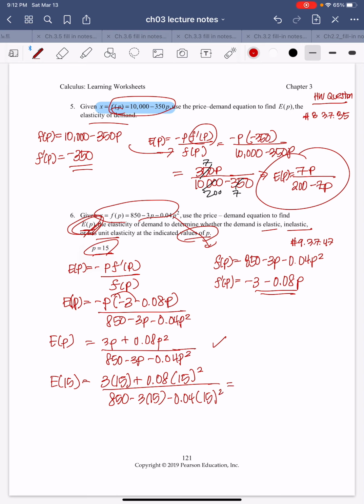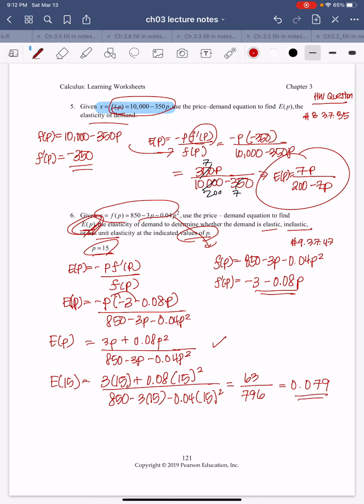So the numerator, I get 63. The denominator, putting everything into the calculator, I get 796. So let's get that into a decimal number. I get 0.079.